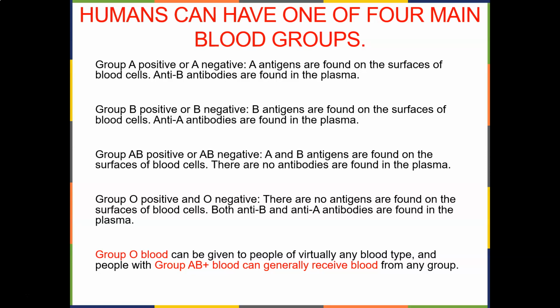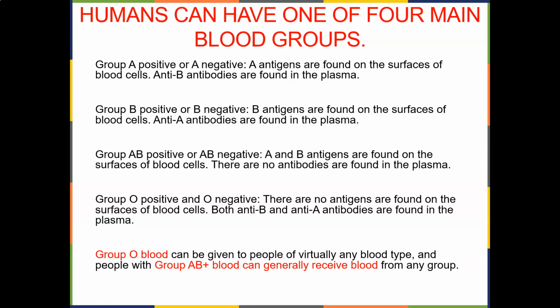Now group O, positive or negative, even though it's the most common type found in the United States and other parts of the world, can only receive blood from O. There are no antigens found on the surfaces of the blood, but they have both anti-B and anti-A antibodies.